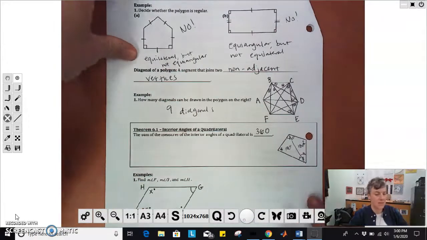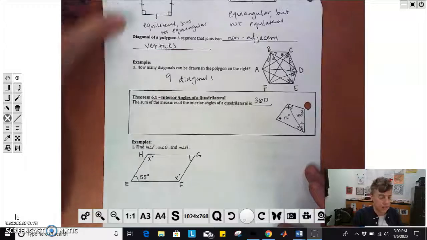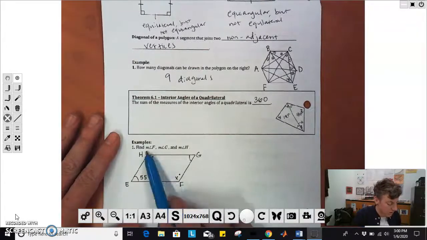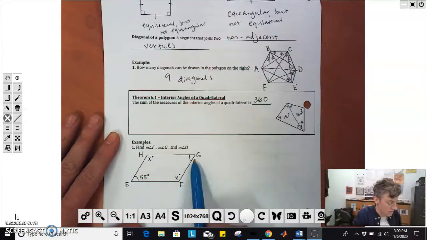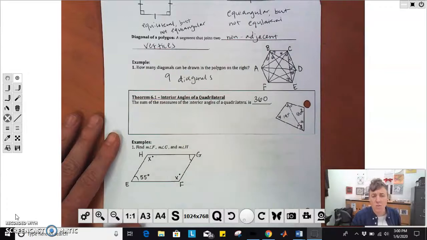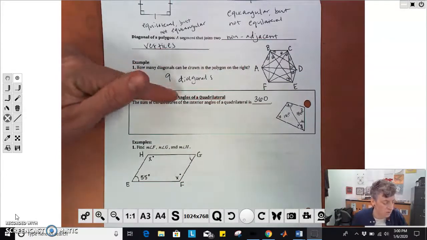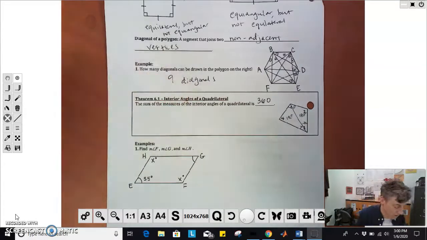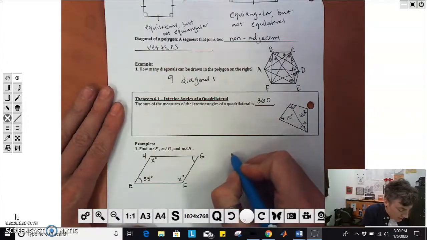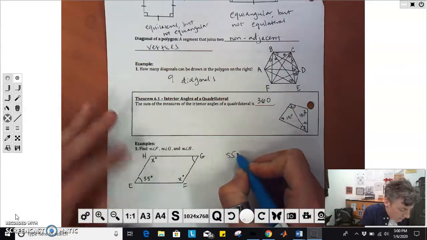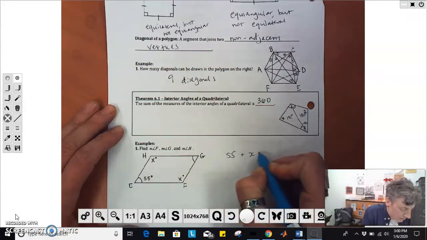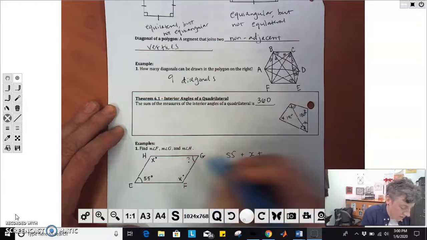So let's use that factoid for our next example and find the measure of angle F, the measure of angle G, and the measure of angle H. What are they all going to add up to? What did we just say? The sum of the measures of the interior angles of a quadrilateral was 360 degrees. So all these guys, 55 degrees plus X plus, well, I don't know what G is.